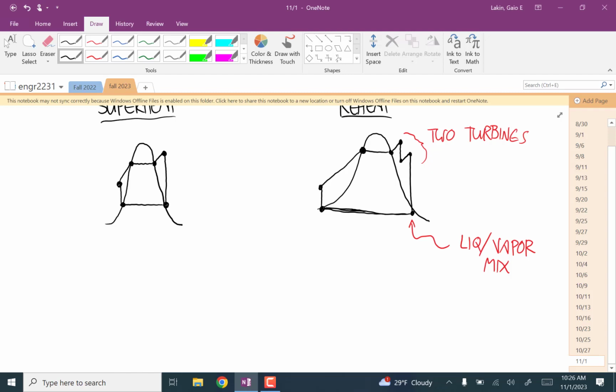But now that we have a power cycle that we're very specific about, we can actually calculate some of that stuff.